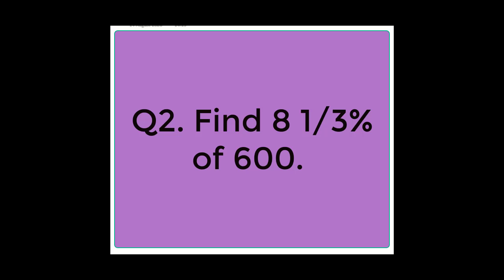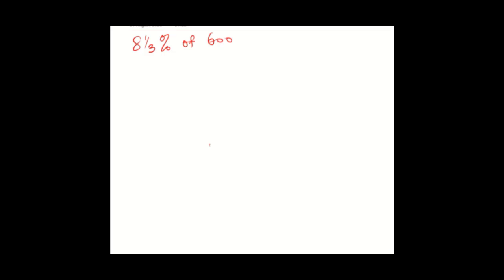Okay, and we have: find 8 1/3% of 600. The first thing you need to do is change 8 1/3 to an improper fraction. 8 times 3 is 24, 24 plus 1 is 25.